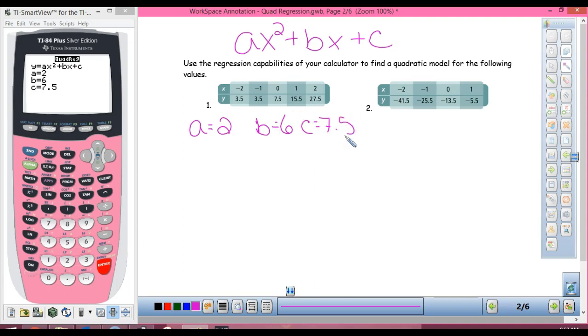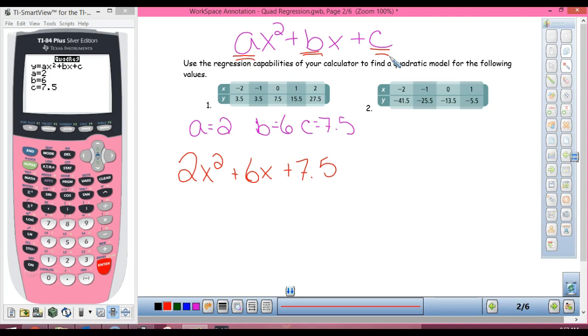Okay, so that means my equation is going to look like what? 2x squared, because A is 2, plus 6x, so B is 6, plus 7.5, because C is that. Okay.